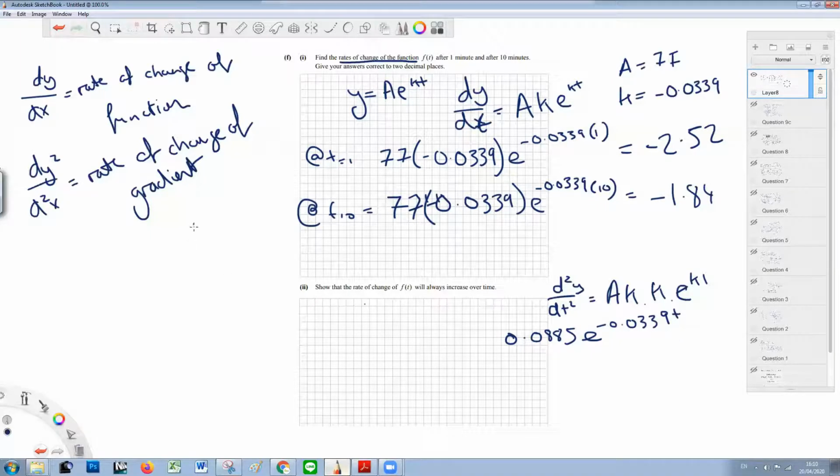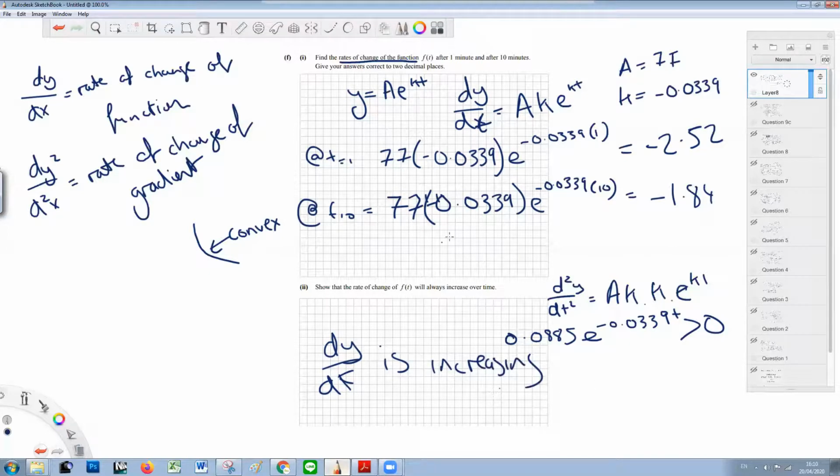Our curve is like this, so it's convex. And because d squared y/dt squared is greater than 0, we can say dy/dt is increasing. Hence the gradient is getting bigger, the rate of change of the gradient is getting bigger as the time increases. So you can say that dy/dt is increasing over time.